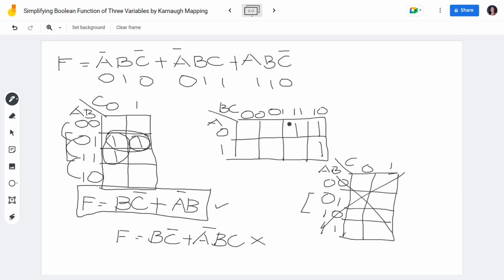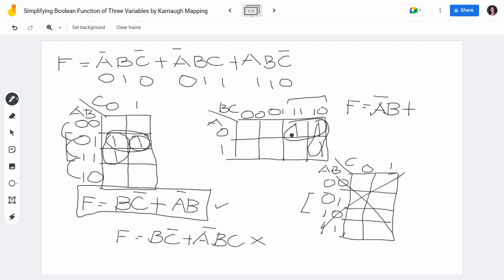And then just the same, we have to group them in powers of two, the adjacent ones here. And then what will be the equation? So we have these two ones are in here. So this is not A. And then the common variable here with the same value is B. So we have B or, and then another one.